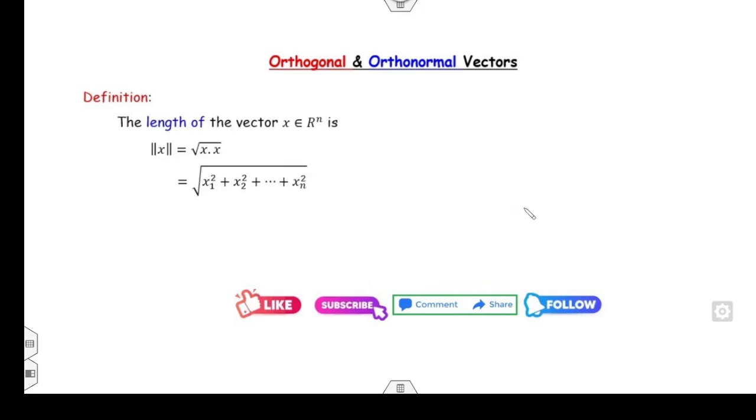Another definition we need to understand the concept of orthogonality is the length. How can you calculate the length of a vector? For example, say this is my x and this is my y, and there is a point here, say 1 comma 2. How can you calculate the length of this vector?